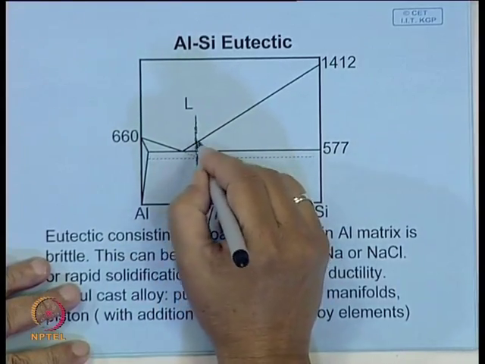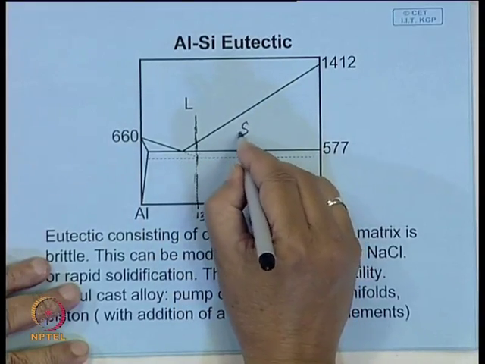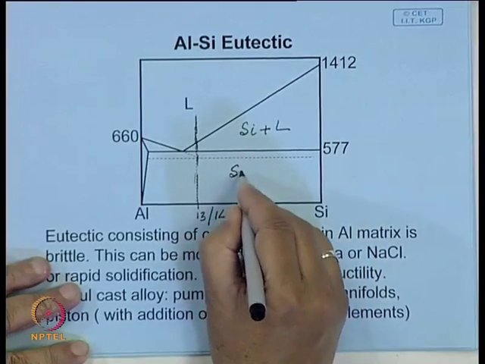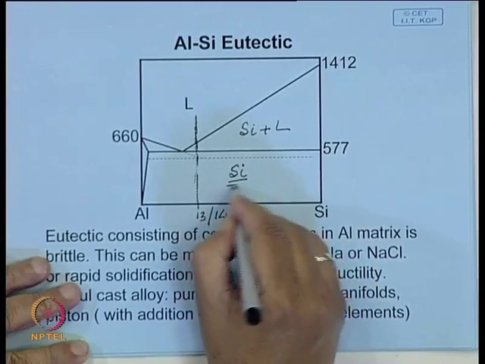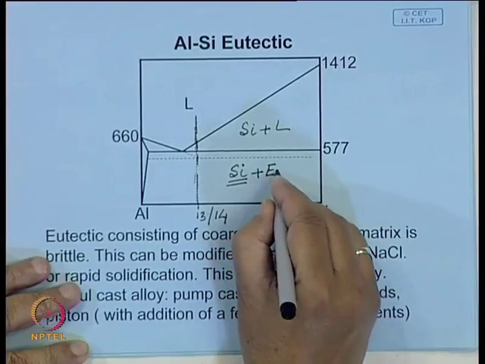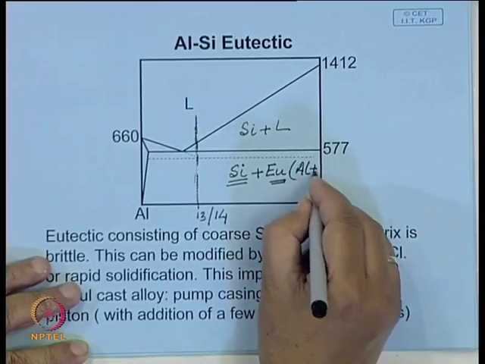Under equilibrium conditions you expect silicon plus liquid here. Here you have primary grains of silicon which is brittle, plus eutectic which is made up of aluminium plus silicon.